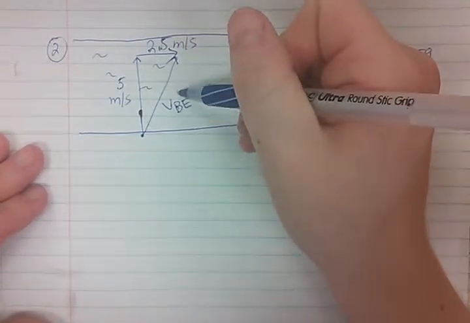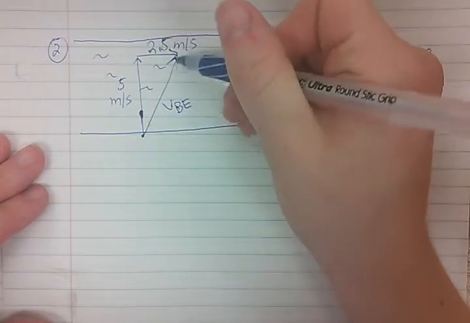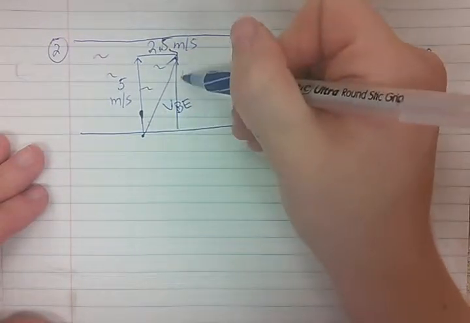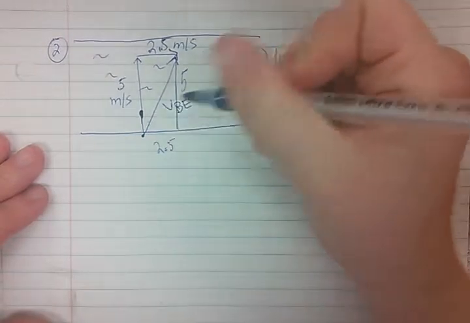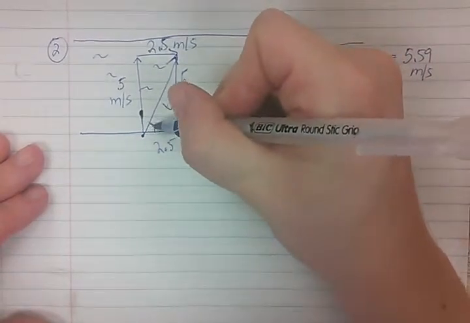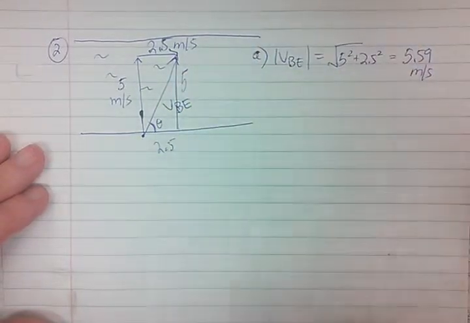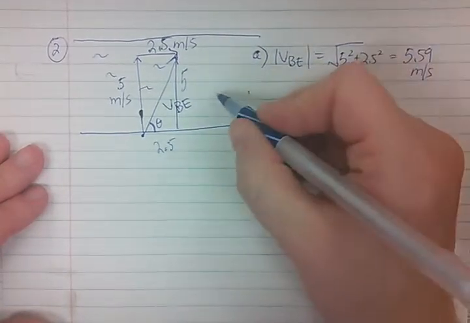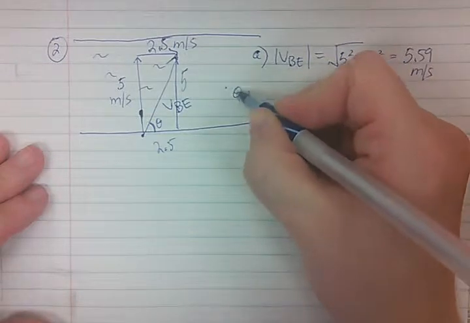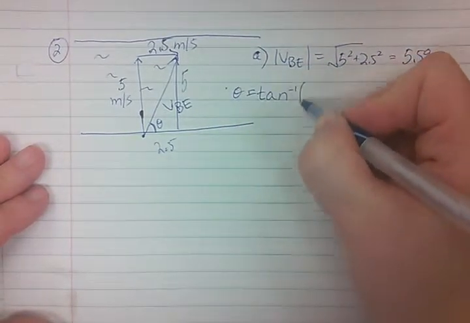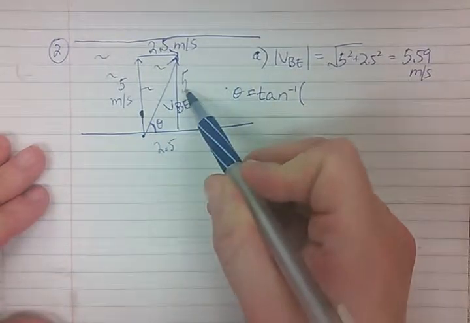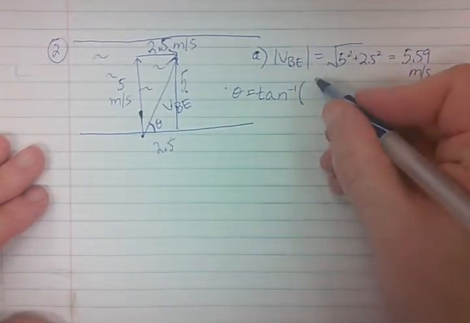If we draw, so basically here's our triangle. So that's 5, that's 2.5. Again, we want to find the angle that's relative to the horizontal. So we are looking for this angle here. So the angle is going to be equal to the inverse tangent of opposite over adjacent.